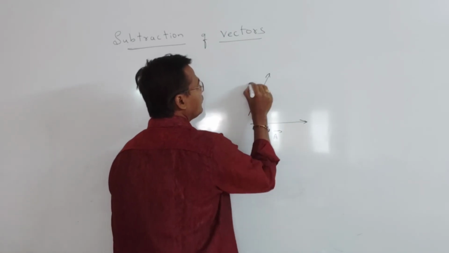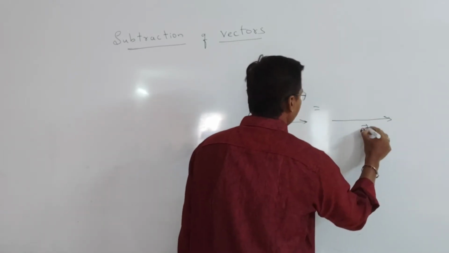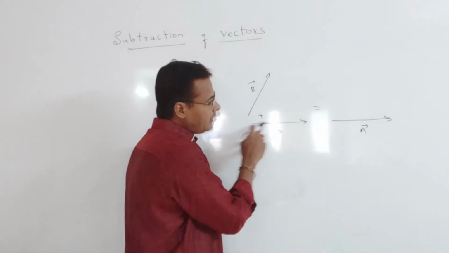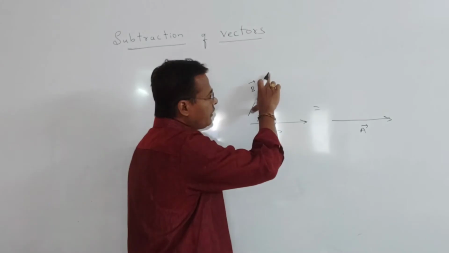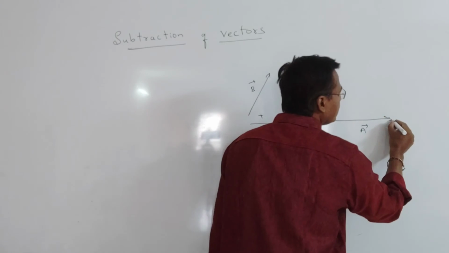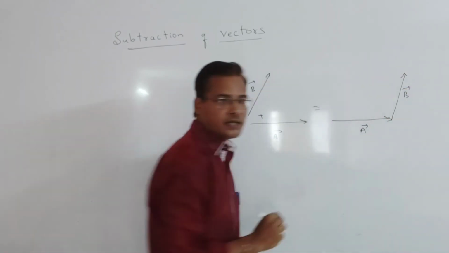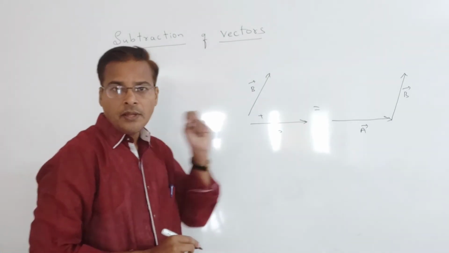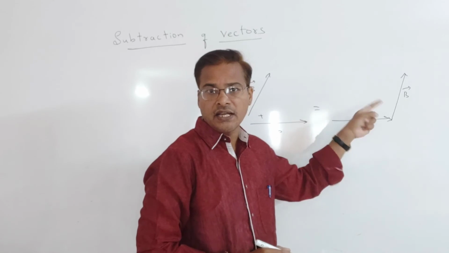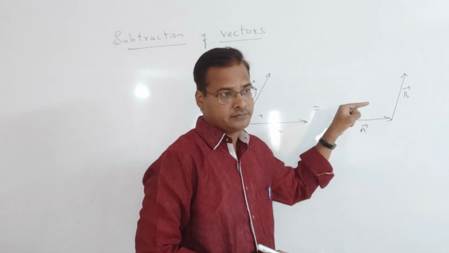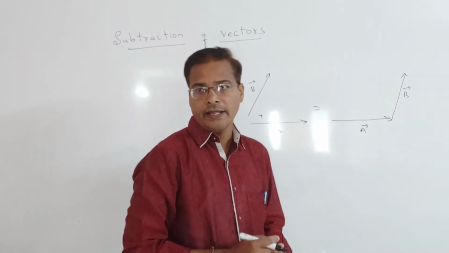The tail of A is here and the head of A is here. Then the B vector is drawn so that the B tail touches the A head.